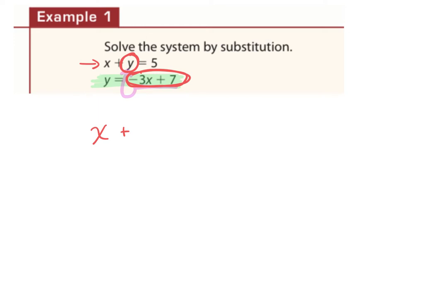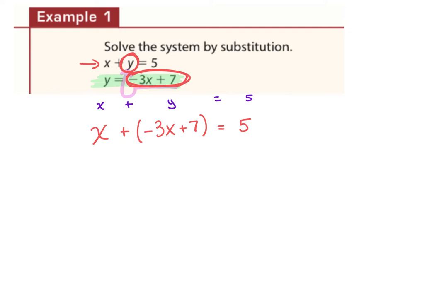So instead of y, we're going to write negative 3x plus 7. So in our original equation, it was x plus y equals 5. Now we're going to say x plus what the y equals, and that equals 5. We're just substituting in the variable for what the variable equals in the other equation. We are substituting it in.